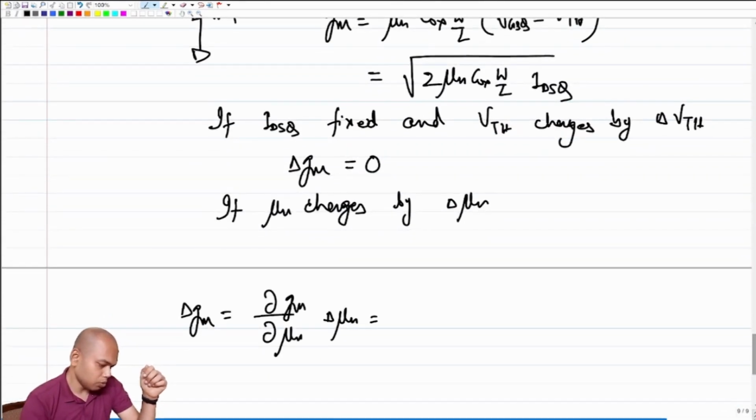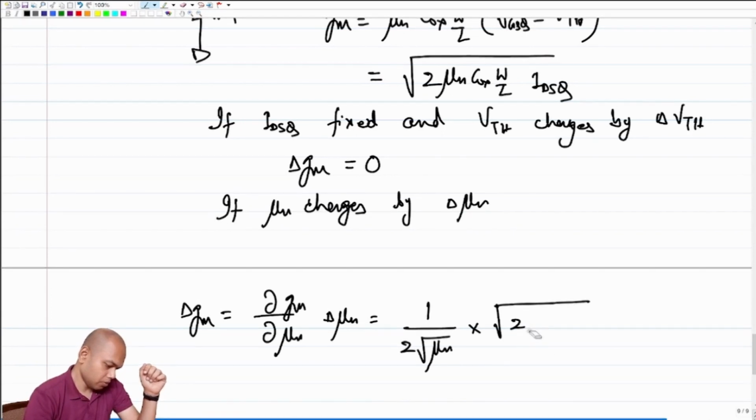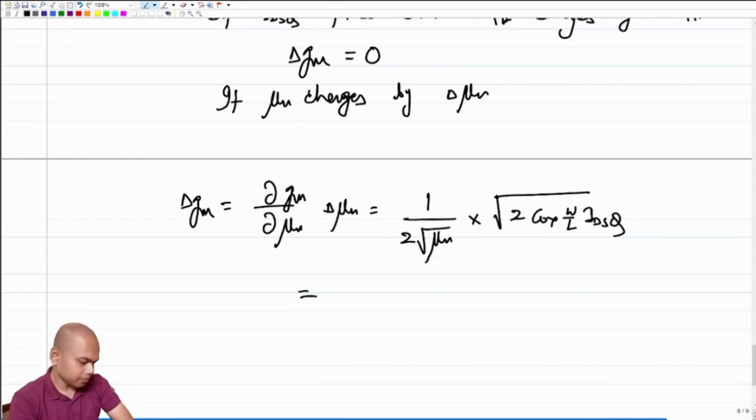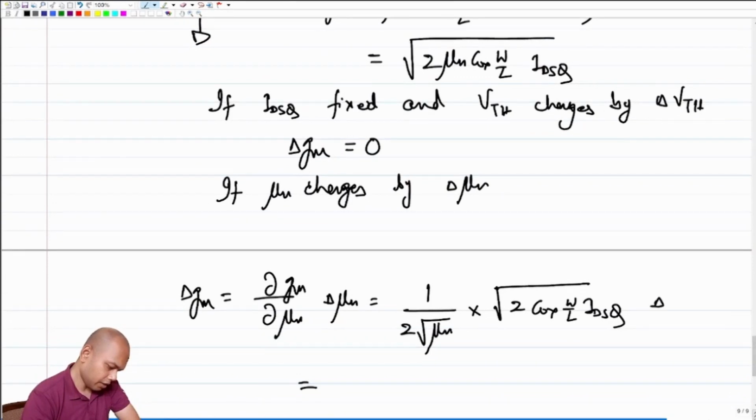My expression for GM is under root of 2 mu n Cox W over L IDSQ, which means this becomes 1 over 2 under root mu n times under root 2 Cox W over L IDSQ, times delta mu n.